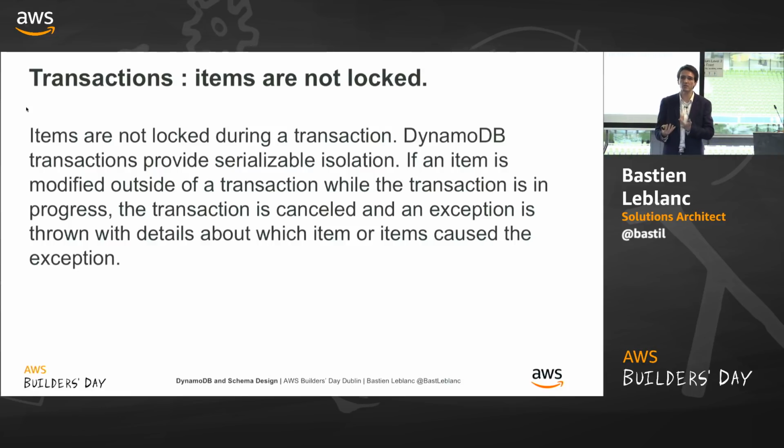That means that your transaction has failed, so you have to deal with that in your application. And that's very different from a relational database transaction. So you have an exception to deal with, and it's up to your application to decide what to do when the transaction fails.